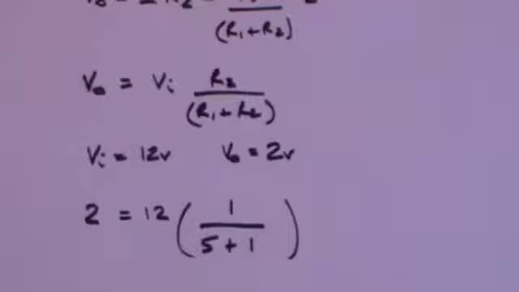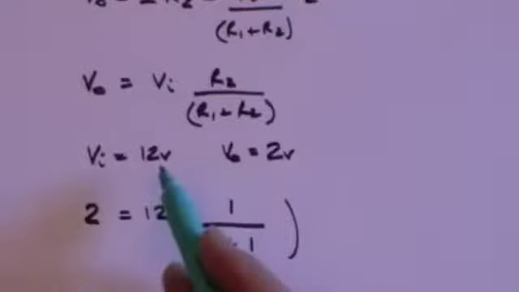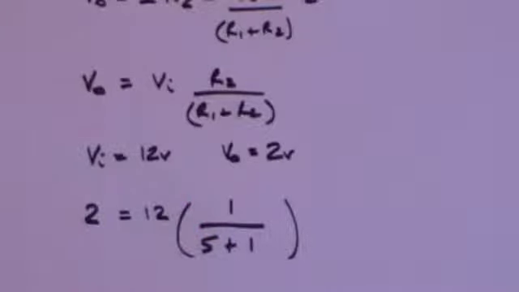So if R2 is 1 and R1 is 5, then I get 1 over 5 plus 1, which is 1 over 6. 12 over 6 is 2. So by choosing the right values for R1 and R2, I can get any output voltage I want up to the value of 12 volts. I can never get, under this arrangement, anything higher than 12, but I can get lower than 12.